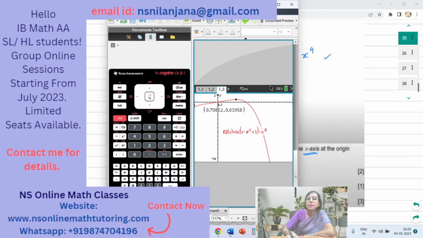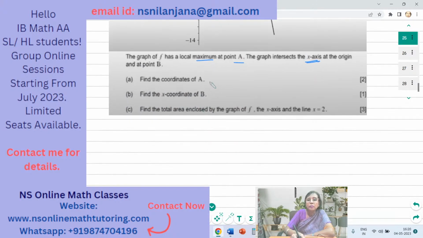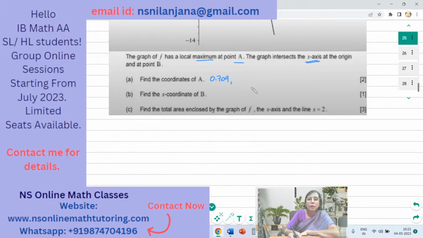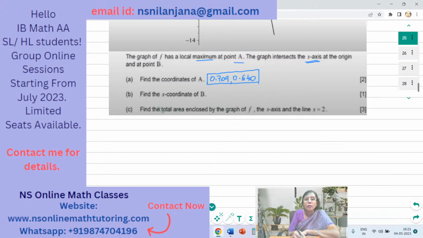The y value is 0.6395, so after 9 is 5, so it will be 0.640. Okay, fine.